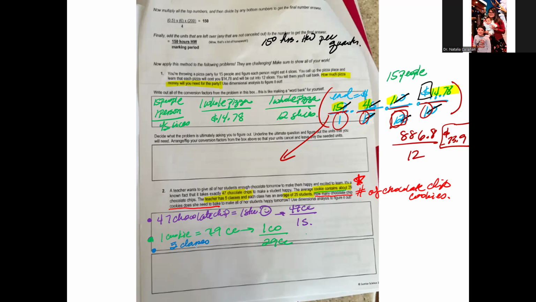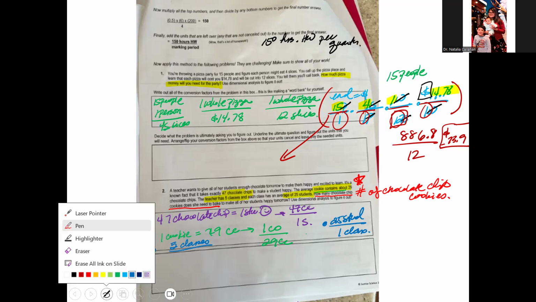Five classes over 25 students. No, there's 25 students per class. There's not 25 students in the entire class. Okay, I'm sorry. I don't know how to rewrite that exactly, but I know there's 25 students equals 1 class. I don't know what else to put under that. But that's it, right? Yeah.